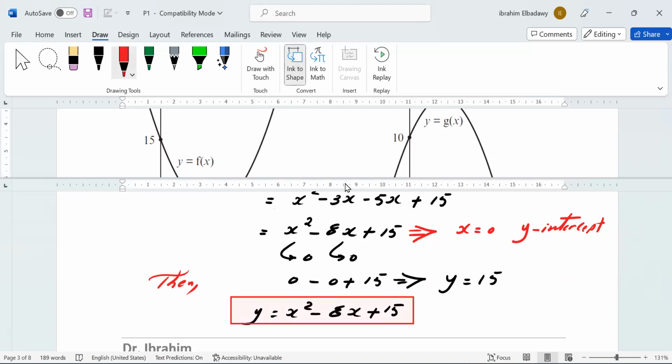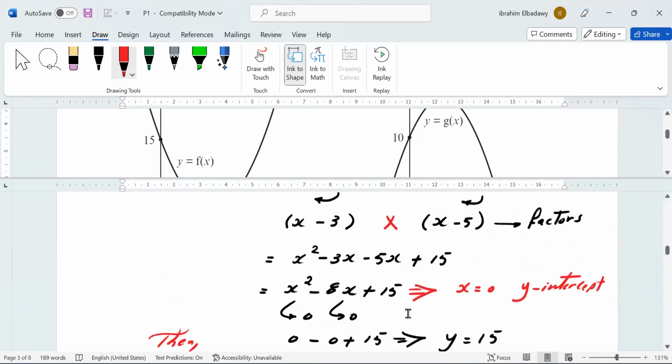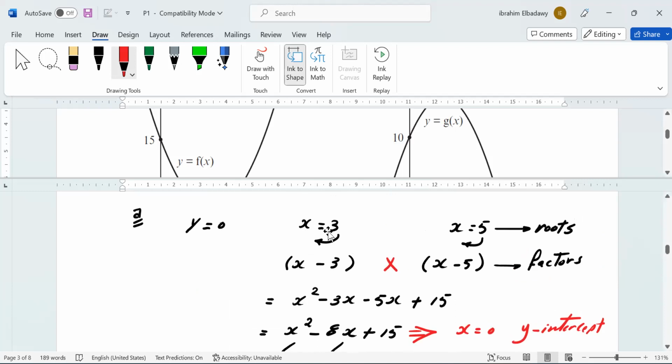So the first step to get the function depends. Here I gave you the x-intercepts and the y-intercept. Don't start with the y-intercept, just start with the x-intercepts. X-intercepts mean roots. So at y equal to 0, you have the roots, which are 3 and 5. After writing the roots, just write the factors. After getting the factors, just expand.